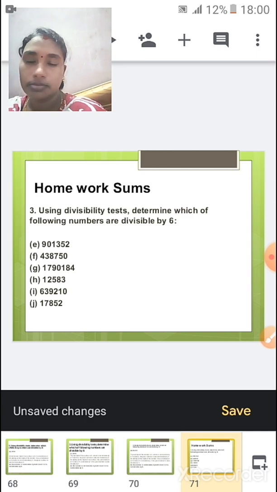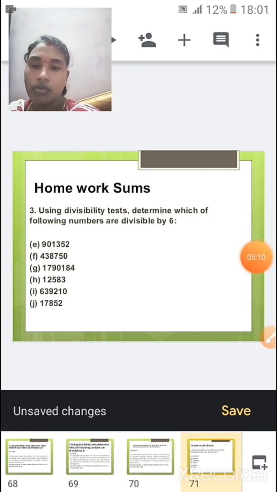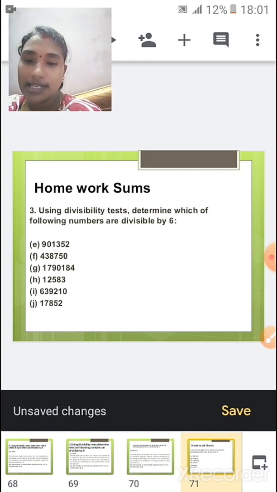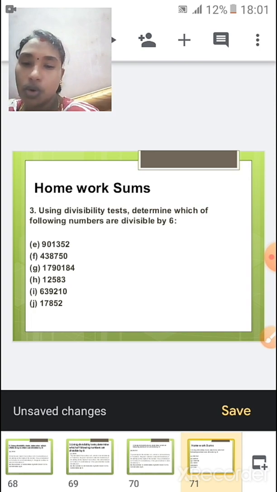Next sum we have 43 lakhs 8,750. And next we have 1 crore 79 lakhs 184. And the H sum you have 12 lakhs 582. Sorry, 80.